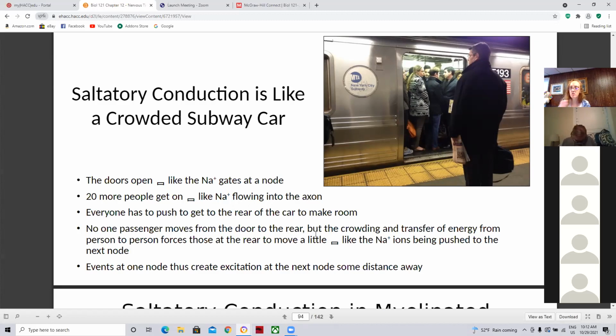So they're just gradually pushing one another down because there's so much sodium coming in and they can't go backwards, so they can only go forwards. And that initiates the next action potential at the next node.